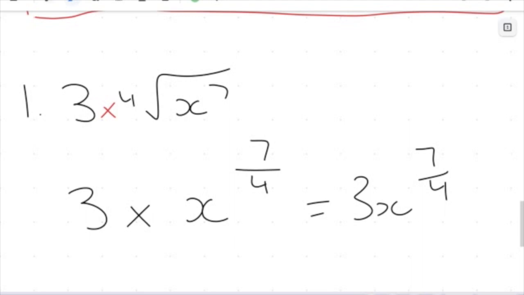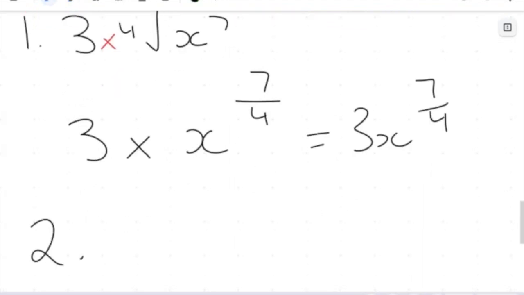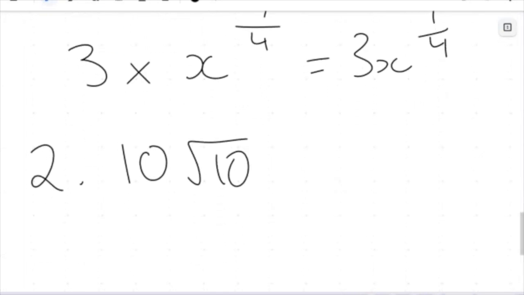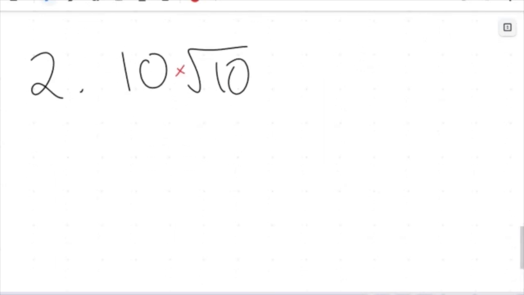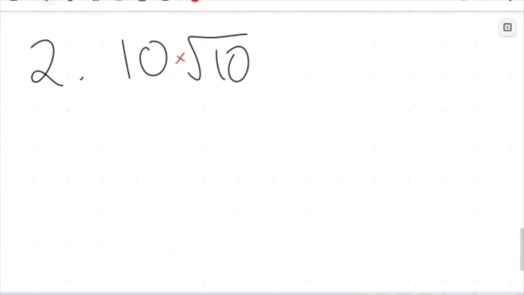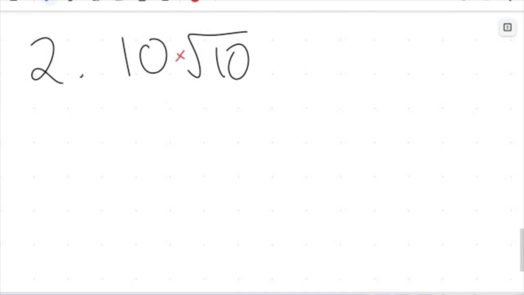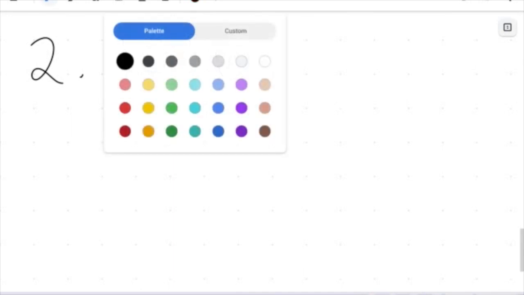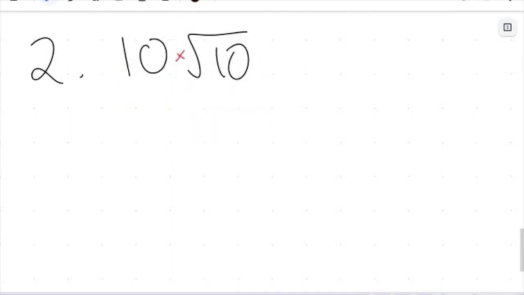Now let's look at one more, and then we'll do the next part of the video. So we have 10 root 10, or 10 times root 10. Okay. And we want to write this in index form. So my square root of 10, I can write, well, let's leave this 10 out the front here.